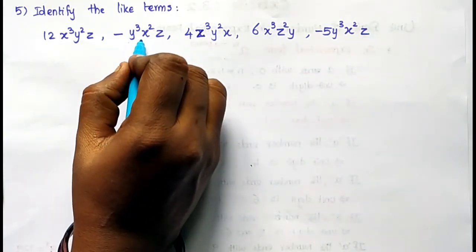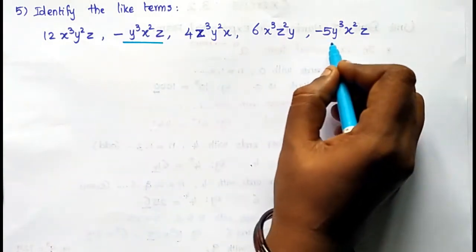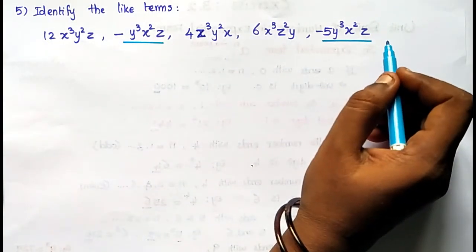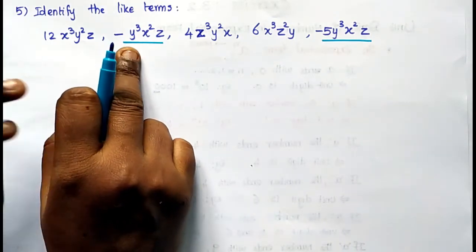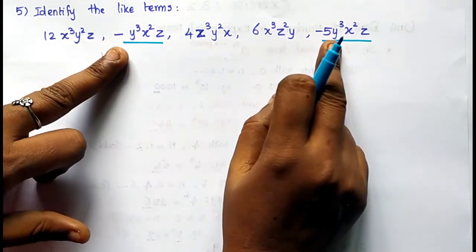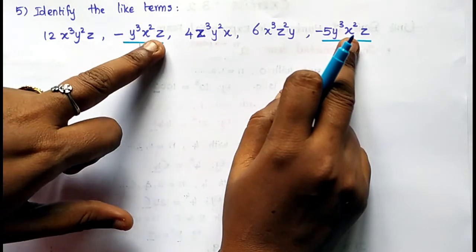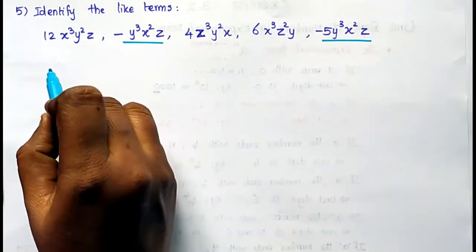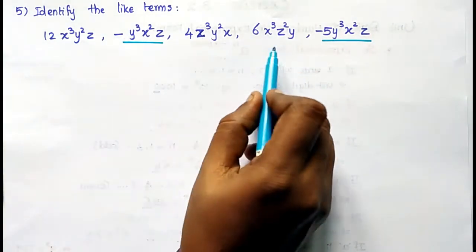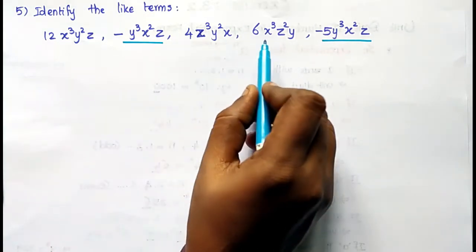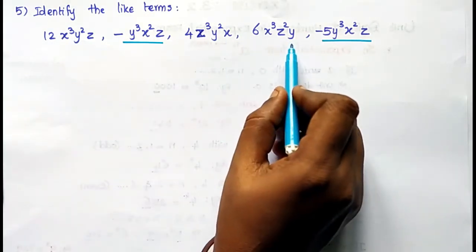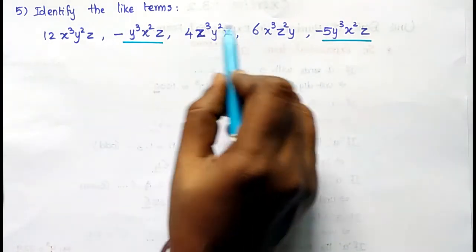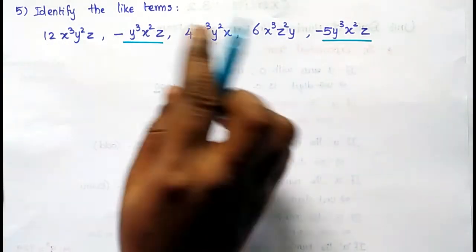Listen, y cube x squared z. This term only has the same variable with the same power. Here also y cube, x squared z. Otherwise there is no match: here also x cube, but y square here and y only there, and z here and z square, so different.